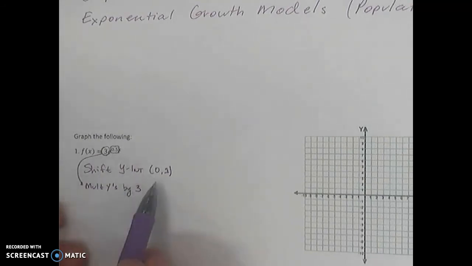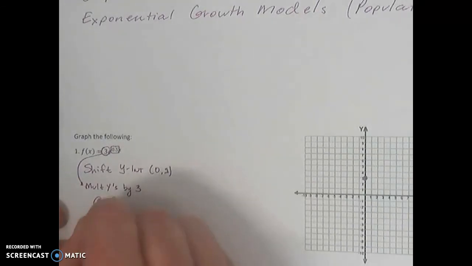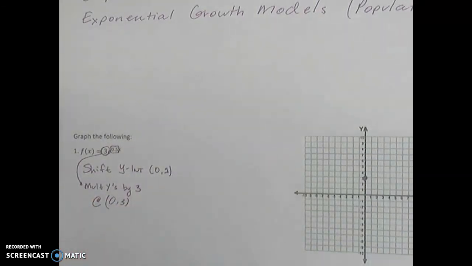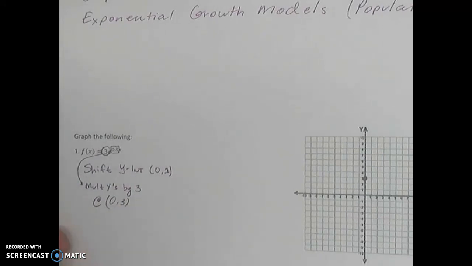However, the x-coordinate already is 0, so any horizontal stretch here would not affect this shifted point. So we're just going to multiply the y's by 3, we get 0, 3. If you don't believe me, plug in a 0 there. 0 times 0.5 is 0. e to the 0 is 1. 3 times 1 is 3.